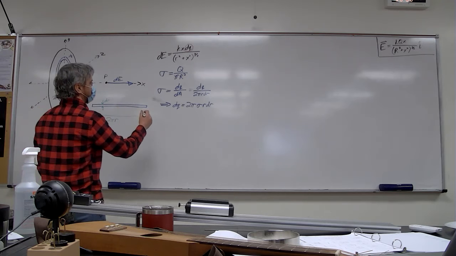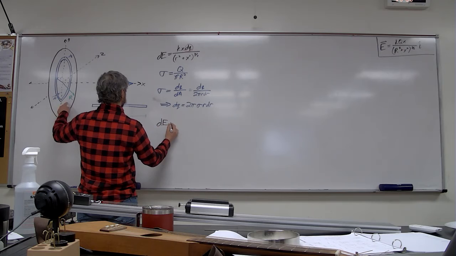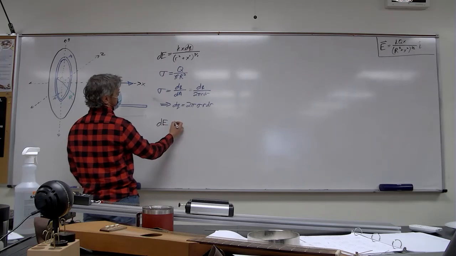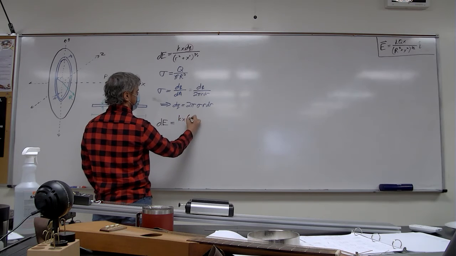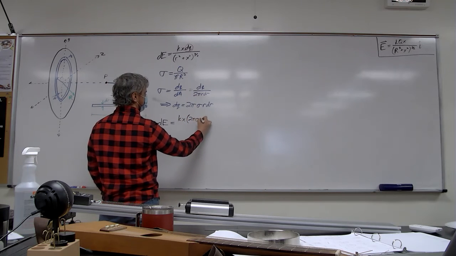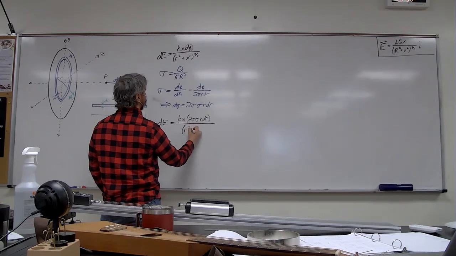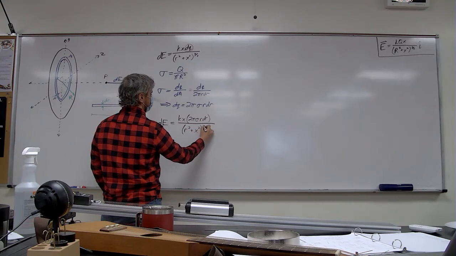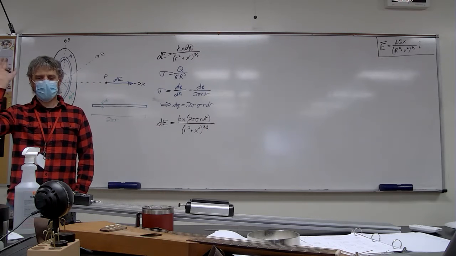So, substituting all that in there, we get dE, the differential electric field due to the infinitesimally thin hoop of charge dq, is going to be kx times 2 pi sigma r dr over little r squared plus x squared to the 3 halves. And I'm going to rewrite this one more time, because I'm very meticulous about this.